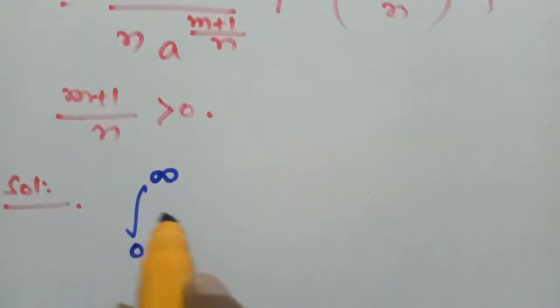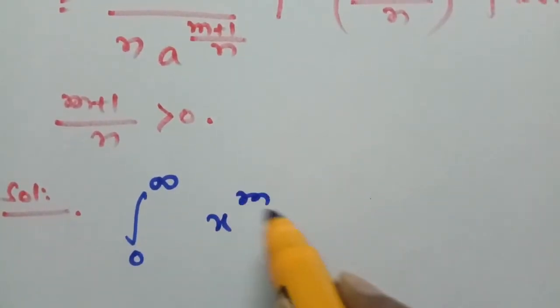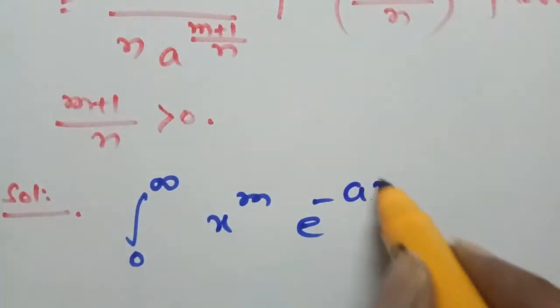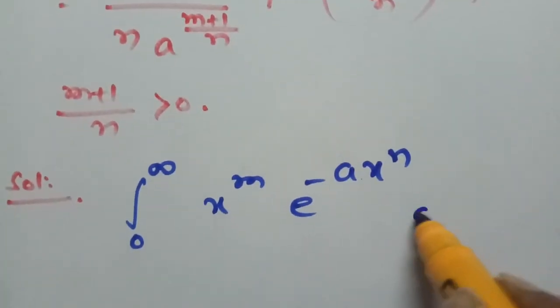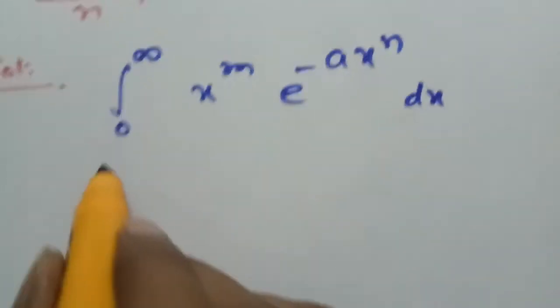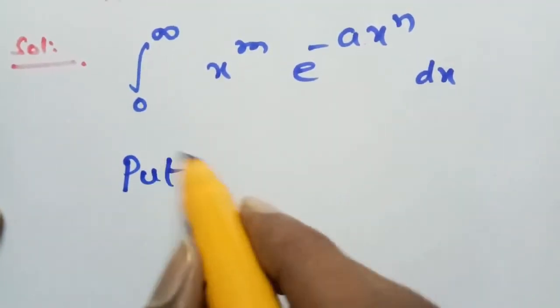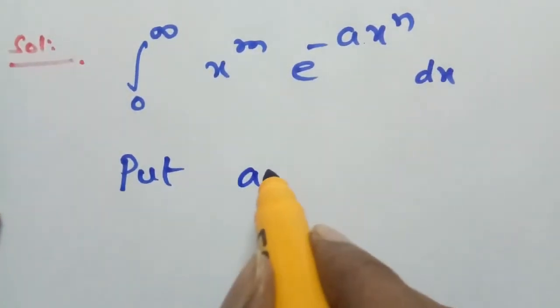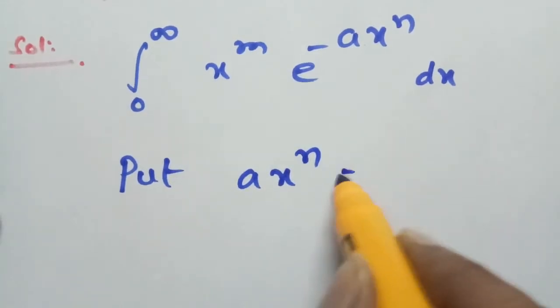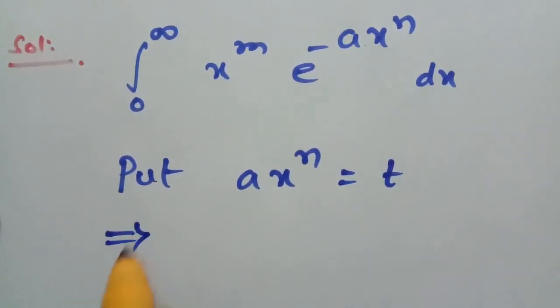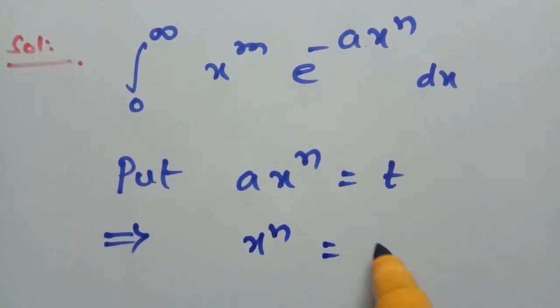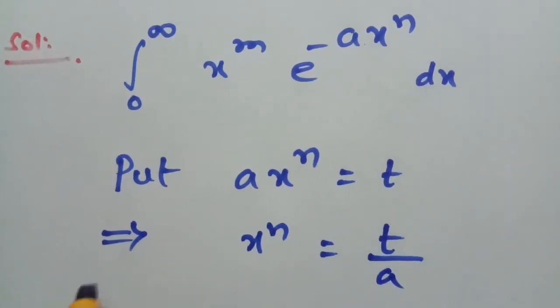Take the given integration x power m e power minus a into x power n dx. Integration by substitution. Here put a into x power n is equal to t. That implies x power n is equal to t by a.